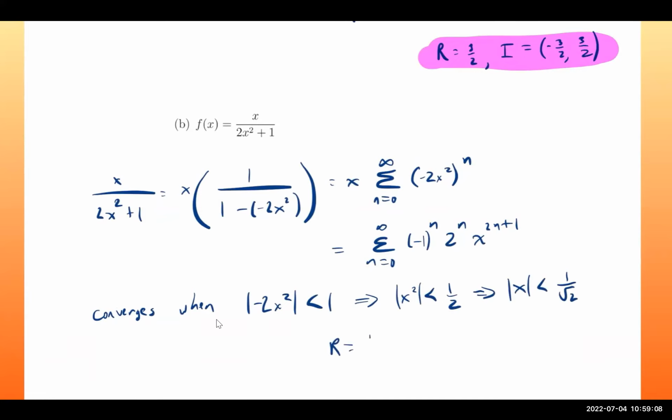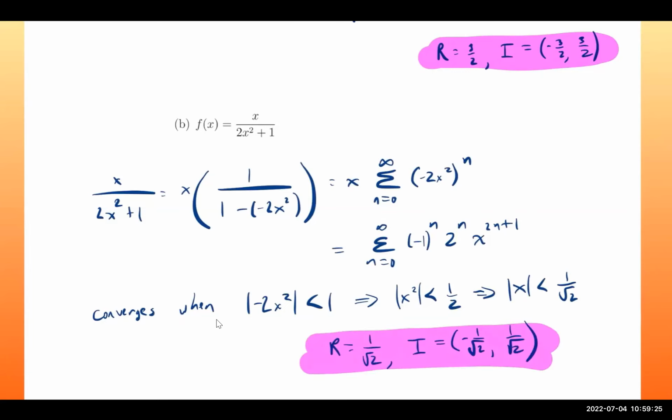All right, so that's going to be our radius of convergence, 1 over radical 2. And our interval of convergence is going to be negative 1 over radical 2, positive 1 over radical 2. And that concludes that.